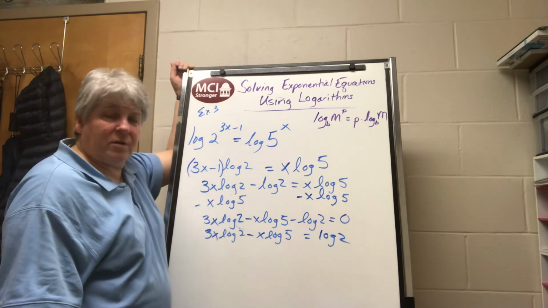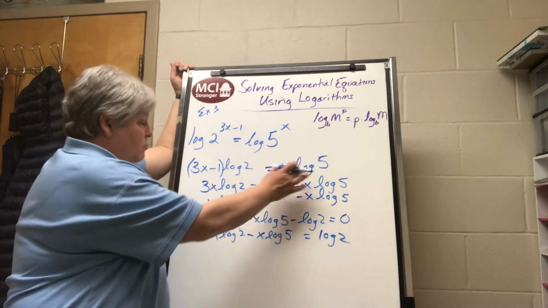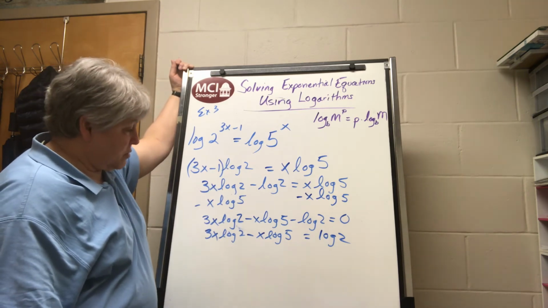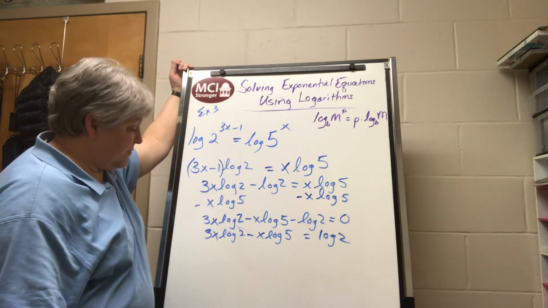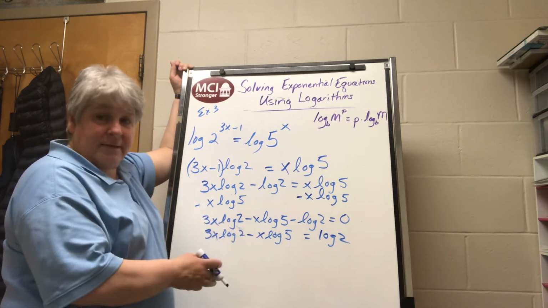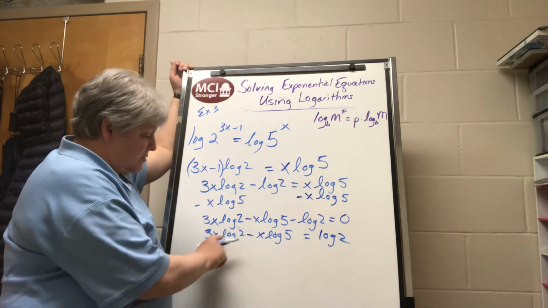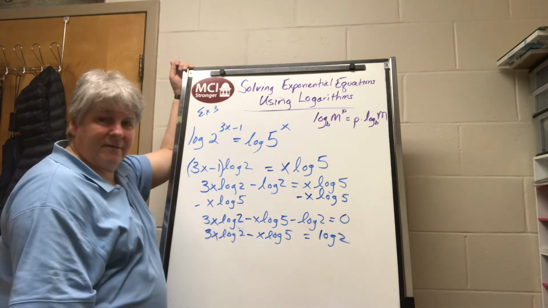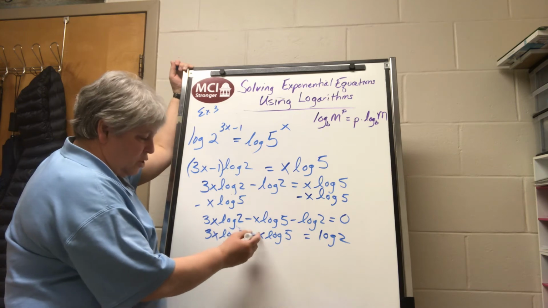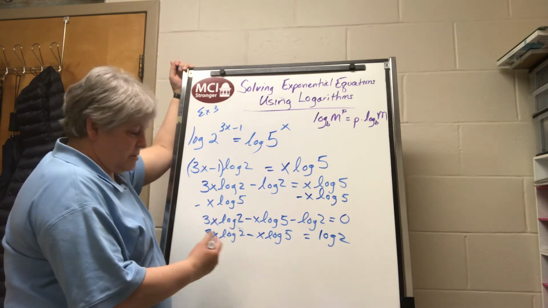So you can see this one was a little more complicated because we ended up with more than one x term. We're almost home. If this were like a 5x minus 2x, we'd be combining like terms. The presence of all this other stuff makes it a little bit less likely I'm going to be able to do that. So you know what? I'm trying to get x alone.